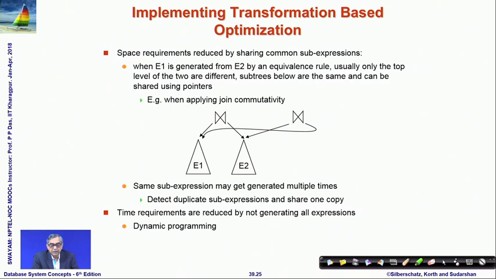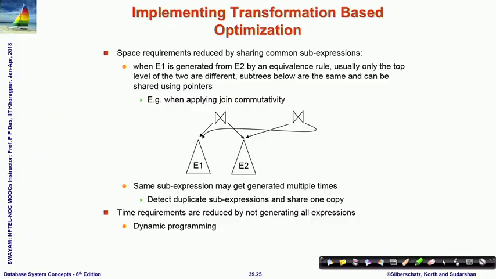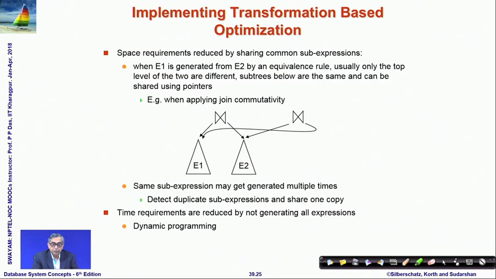If you have studied expression optimization in compilers at any point of time, you will understand this very well, because it is the same strategy used here. If you can detect duplicate subexpressions, then you can have only one copy and make things more efficient to run.